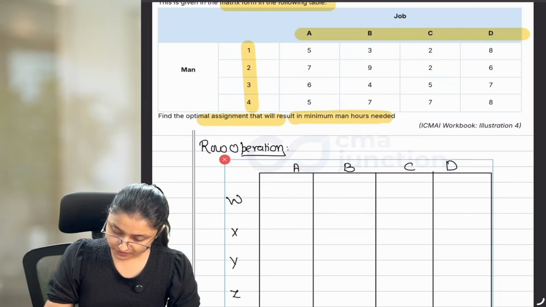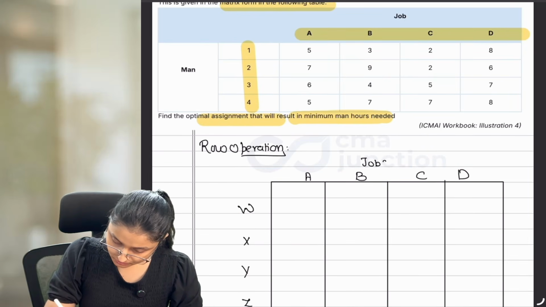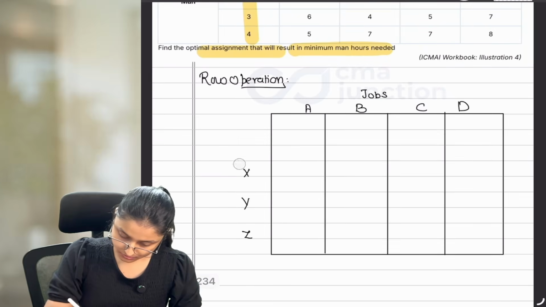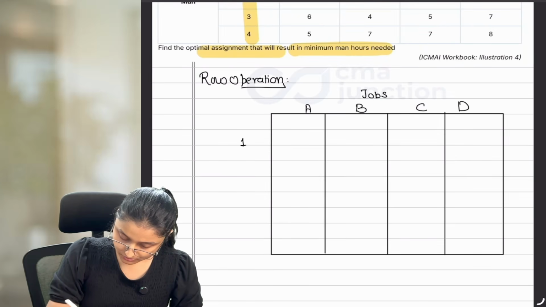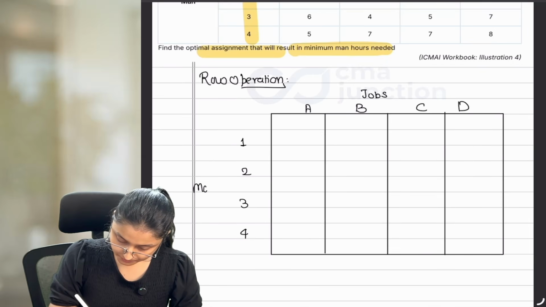There are 4 jobs and 4 workers. These are jobs and 1, 2, 3, 4 men are there.